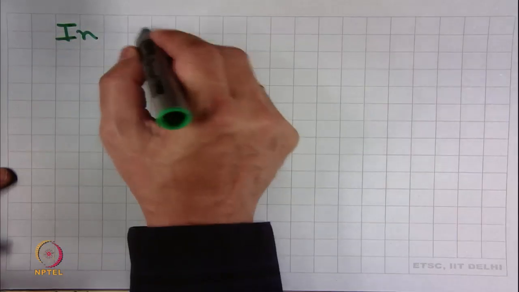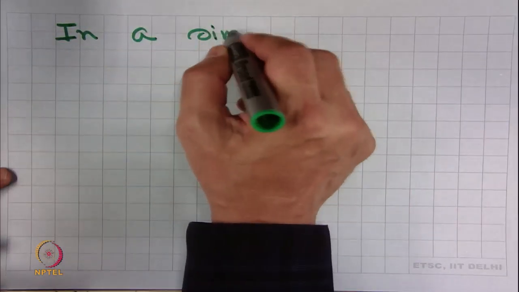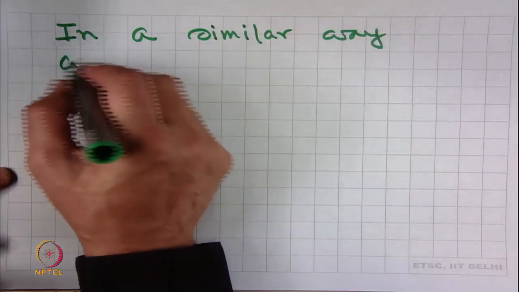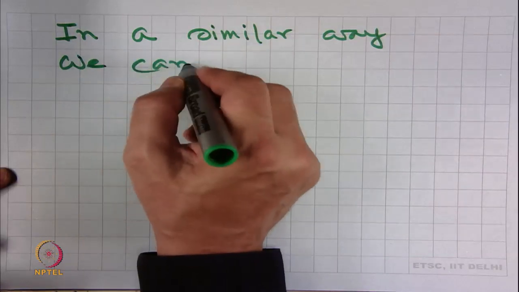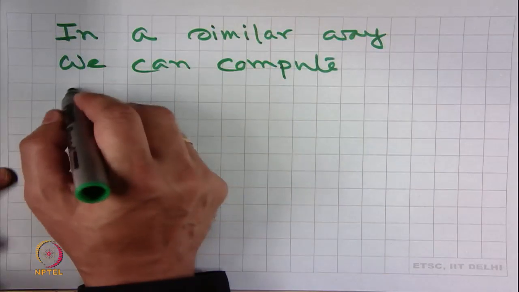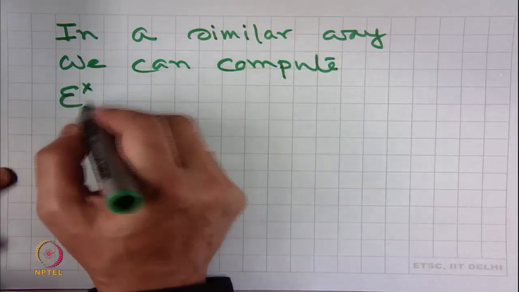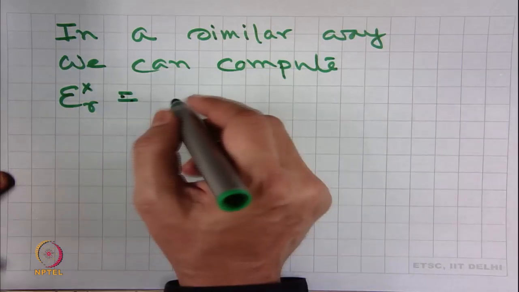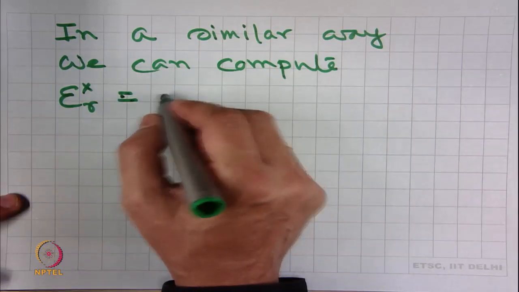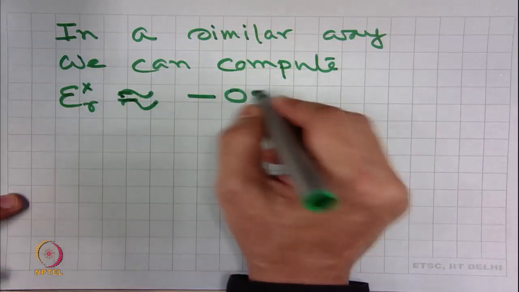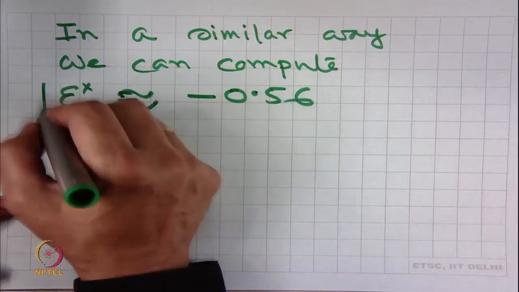In a similar way, we can compute maximum divergence on the right hand side will come out to be roughly equal to minus 0.56.